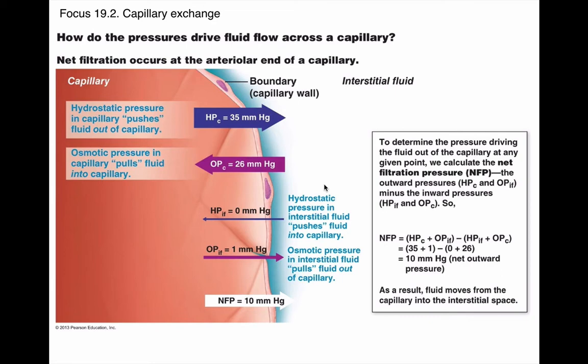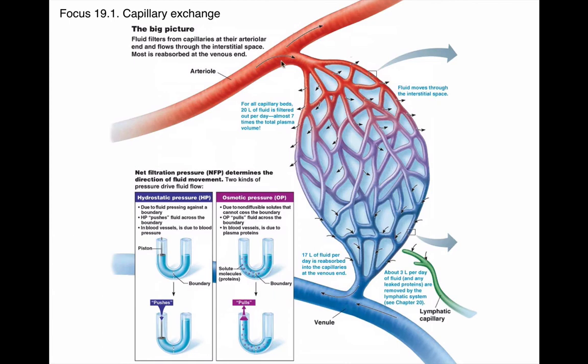Just to back up, when I say the arteriolar side, I mean this part here that's closer to the smallest vessels that are going to be sending blood to these capillary beds. Assuming the capillary sphincters are open, generally fluid is leaving the bloodstream on this side, but it's going to tend to get sucked in on the other side.